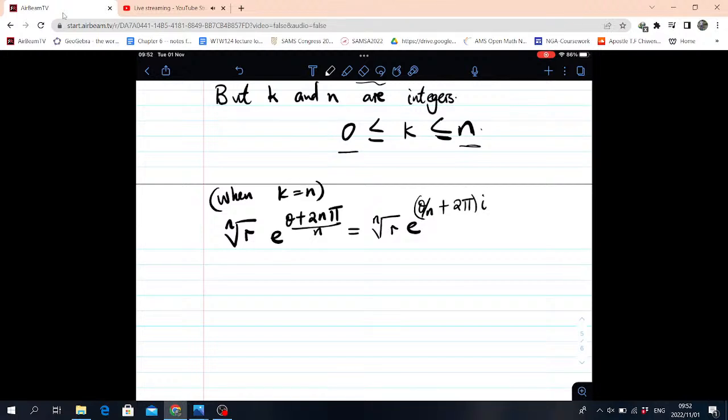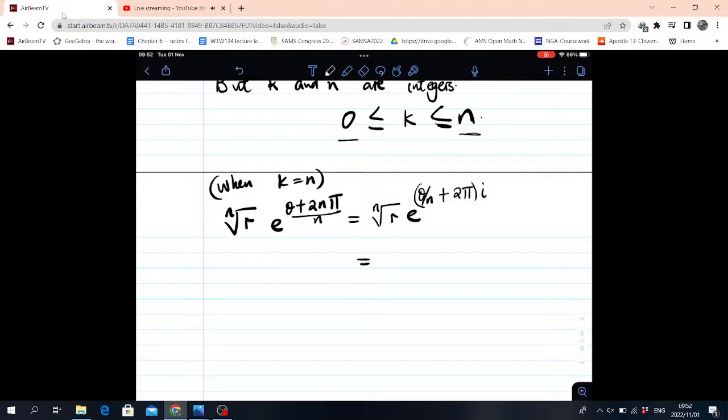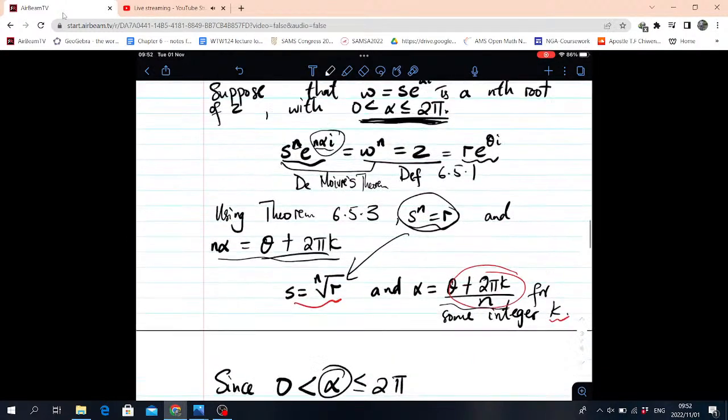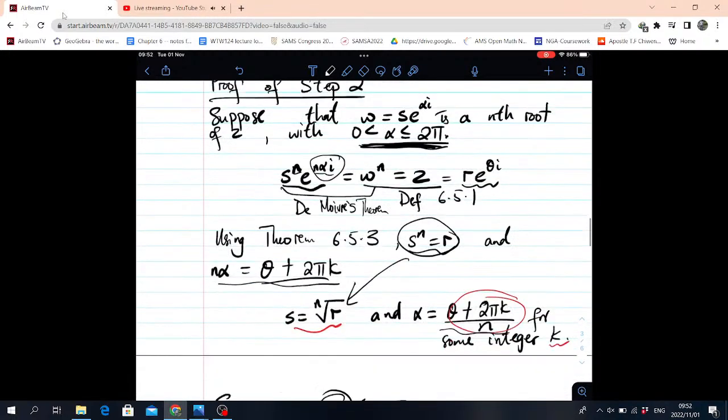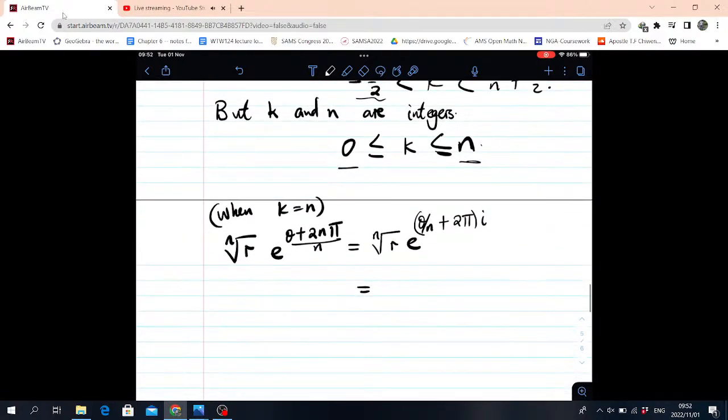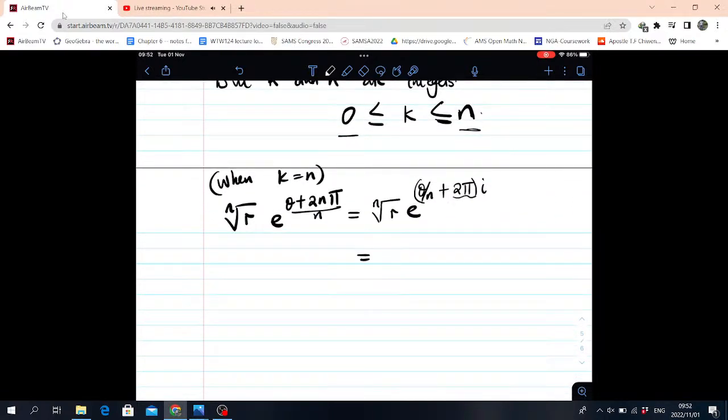And then from here we know that, whatever argument you have, remember theorem 6.5.3, what it says: if I can remove a multiple of 2 pi, I still have the same complex number, right? So in this case, if we are able to remove this, we still have the same complex number.